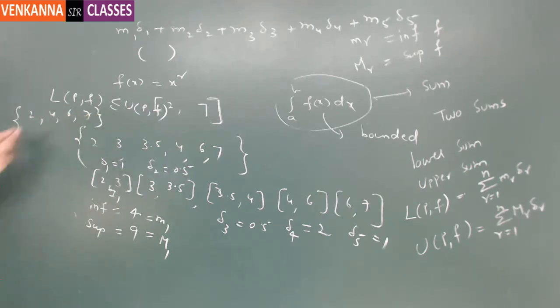It is also a partition on the given interval. Accepted? Yes or no? If you calculate L(P, f) and U(P, f), obviously the values will be different. So for different partitions taken on the interval, you have different lower sums and different upper sums.